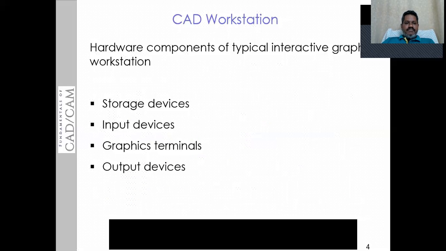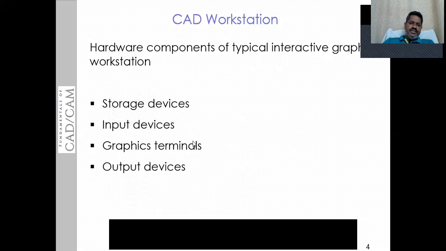Then we will see the CAD hardware. The workstation basically consists of different hardware devices. Most of the hardware devices are listed in this slideshow. One is the storage device. It must have the input device. Then it must have the graphic terminals to display the output. It also must have the output devices.